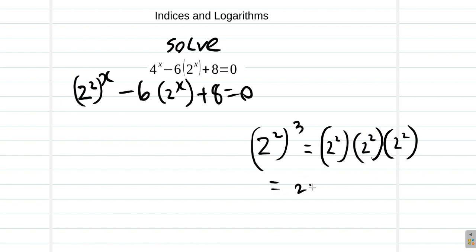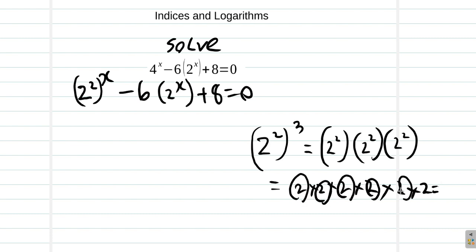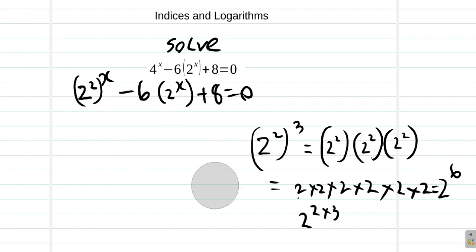But 2 squared means 2 by 2, and this one is 2 by 2, and this one is 2 by 2. So if you multiply all of them, you have 1, 2, 3, 4, 5, 6 twos. You have 2 to the 6, same as 2 to the 2 by 3. You apply the same rule here.